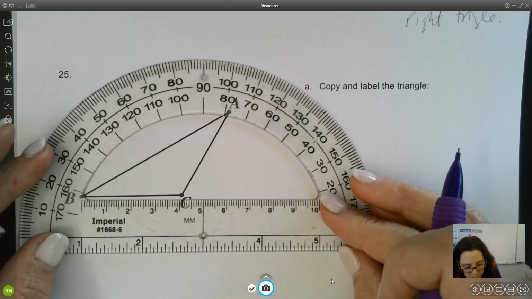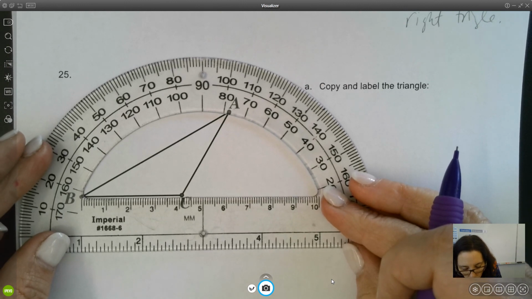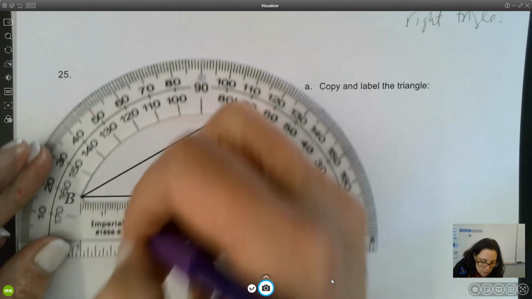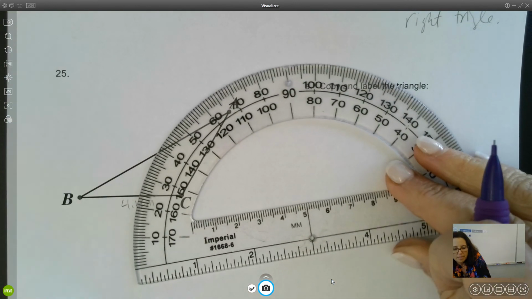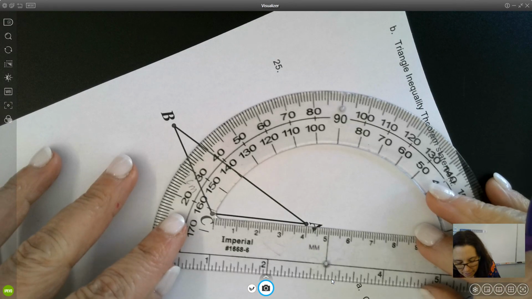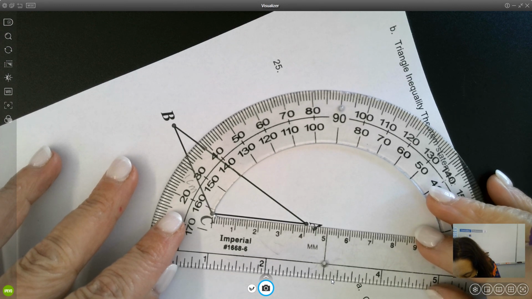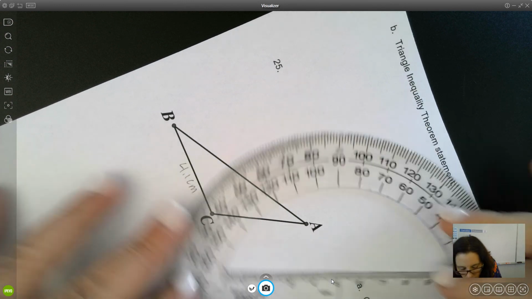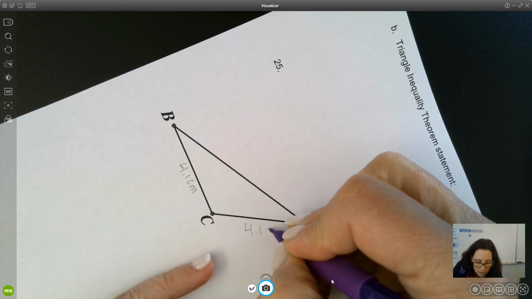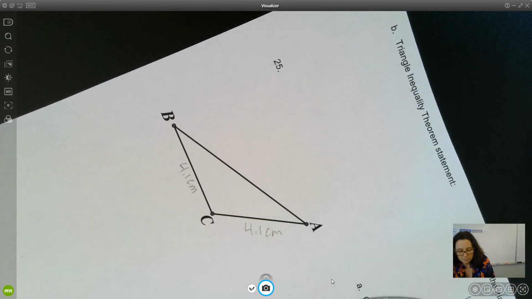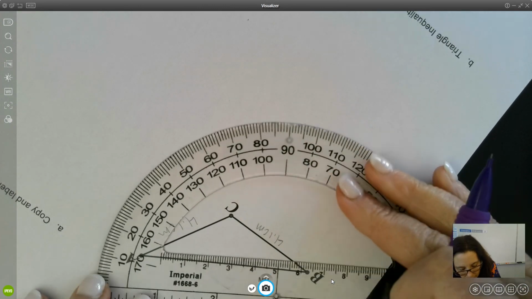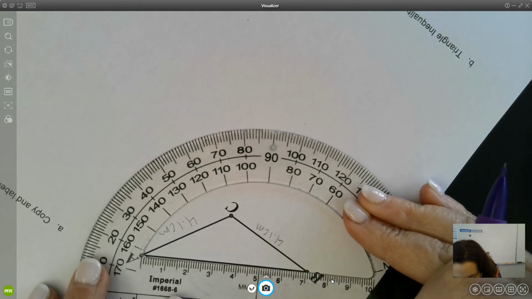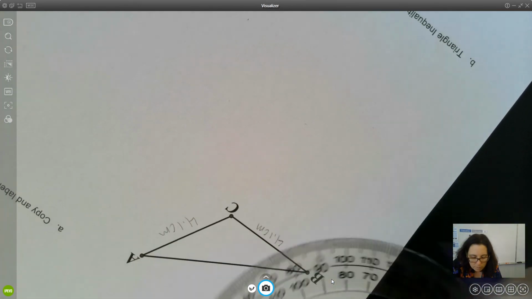All right, measuring 4.1. Remember it said to the nearest tenth on the side lengths. About 4.1 again. 7.1.